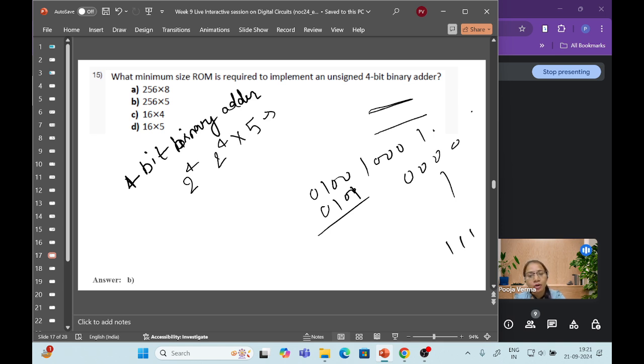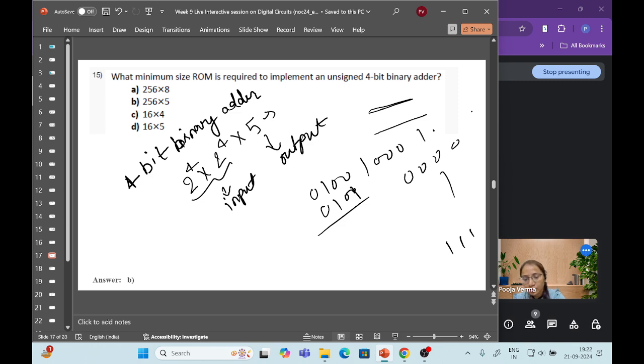We need to store all possible combinations because whatever combination comes, we have to take the memory size for that, because after that we cannot write. It is a ROM, so we have to take all possible combinations like this. These are the input combinations, and that one is the output.